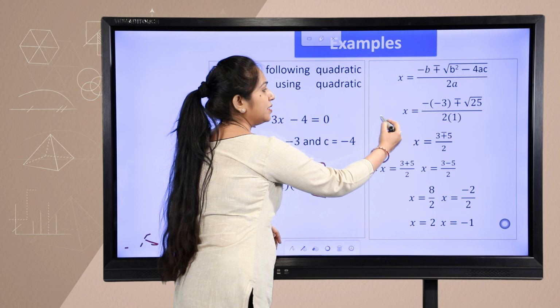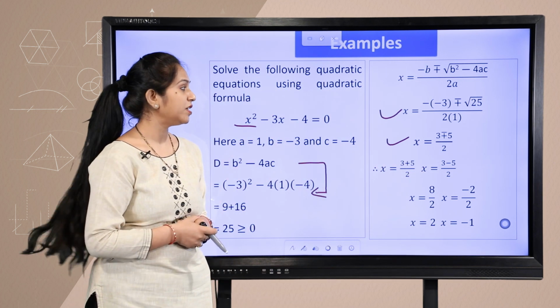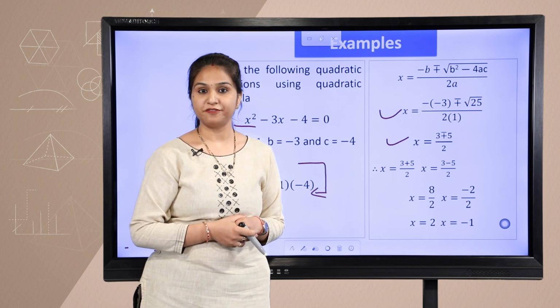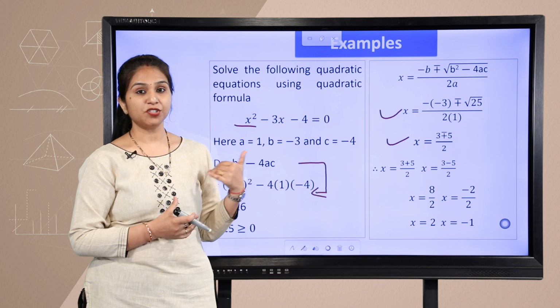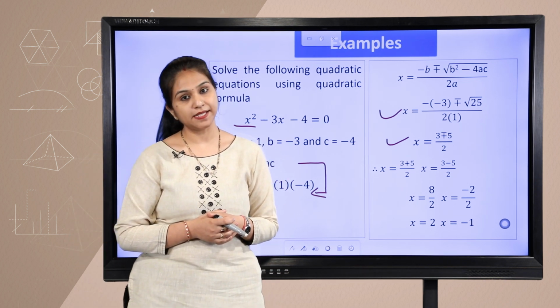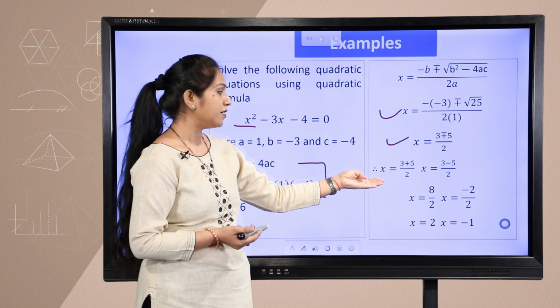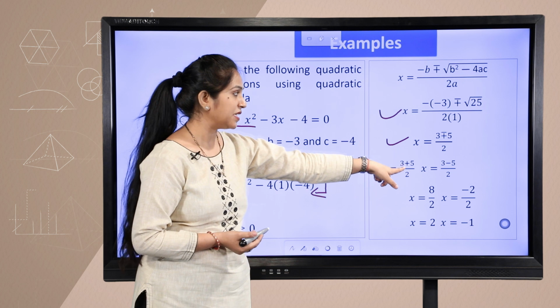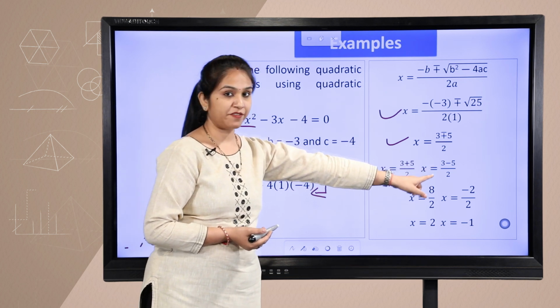And on calculating, children, we reach this step where x equals 3 plus minus 5 upon 2. As we discussed in our previous session, here one time we will go with the positive sign and the second time with the negative sign. So let's start. Here x will become 3 plus 5 by 2, and the second time it is 3 minus 5 upon 2.